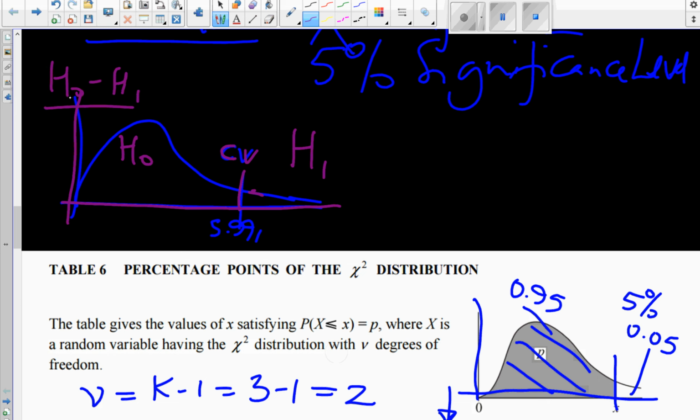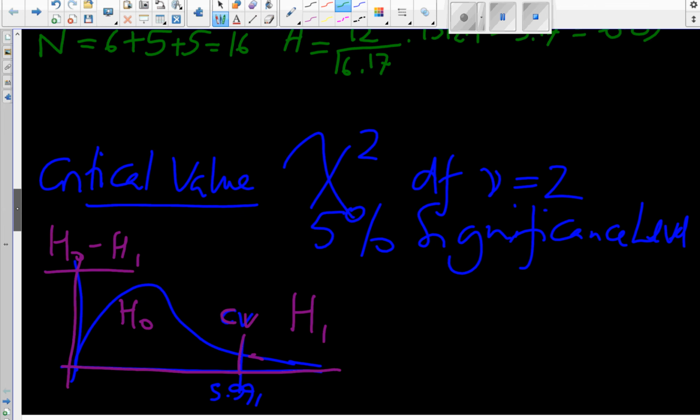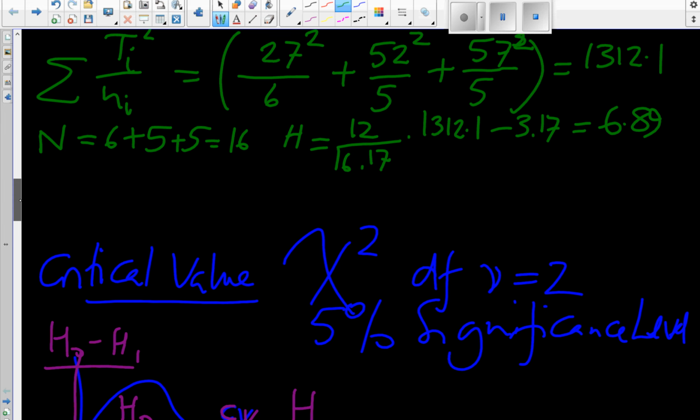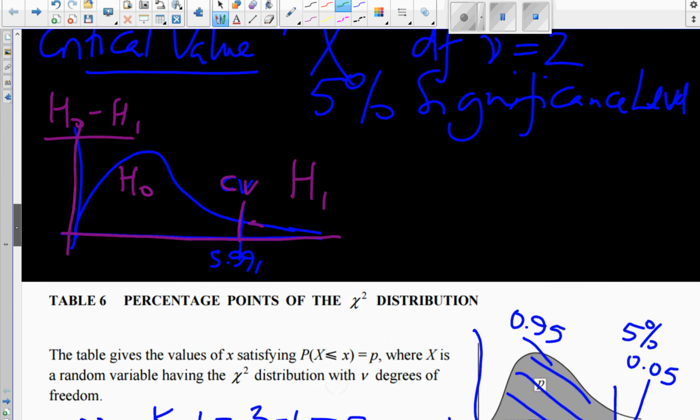The reason is when you look at the shape of the chi-squared distribution, the most extreme area is off to the right, where our number gets very big. We've also already worked out what our test statistic value was. That was our H, and it was 6.89.